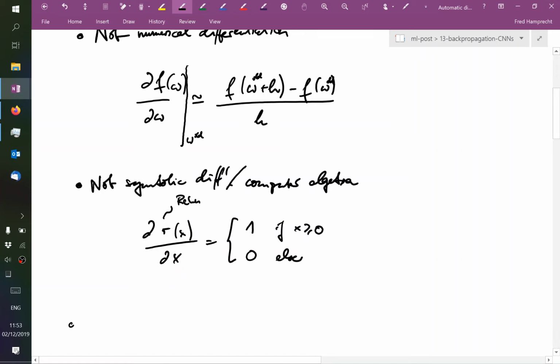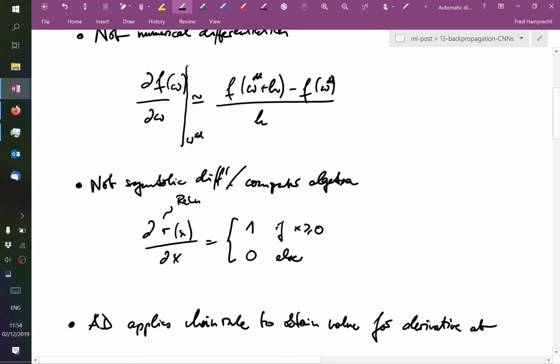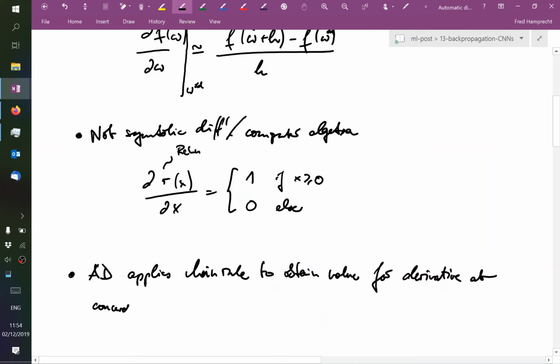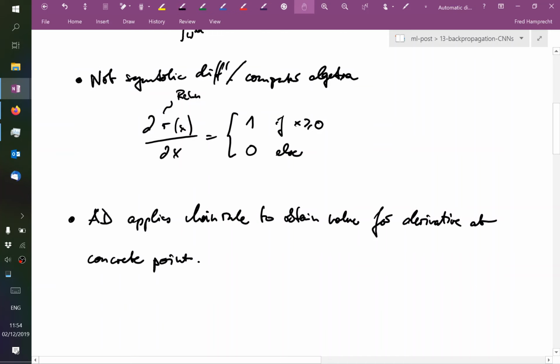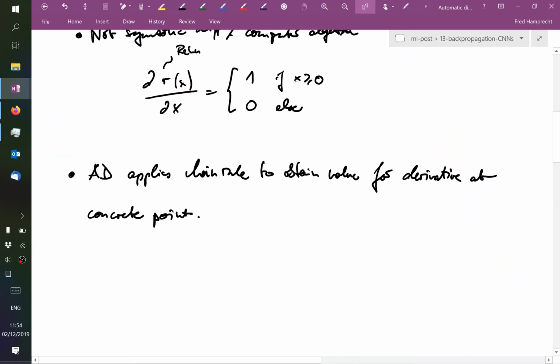And so what automatic differentiation or algorithmic differentiation does is it applies the chain rule to obtain a concrete numerical value for the derivative at some point. So how does it do that?